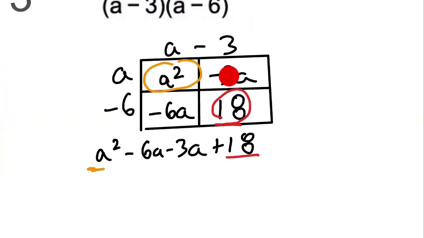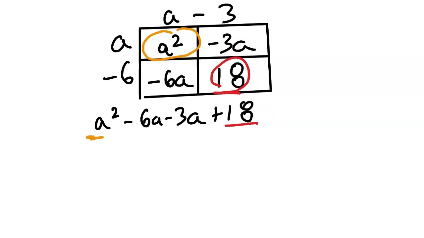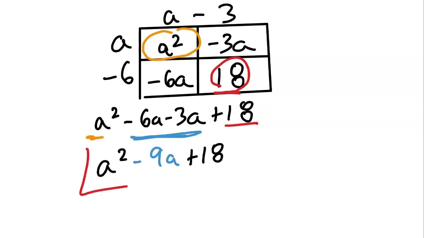These two are interchangeable, because when you combine them you get the same answer. Now just combine like terms. So a squared, negative 6a minus 3a is negative 9a, plus 18. That would be your final answer for this problem.